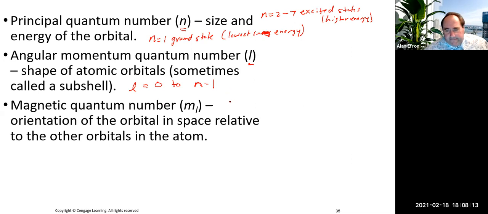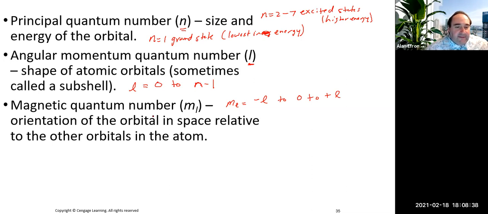And m sub L can go from minus L to 0 to positive L, all whole numbers as you go across. And it really does tell us how many of these orbitals are present.